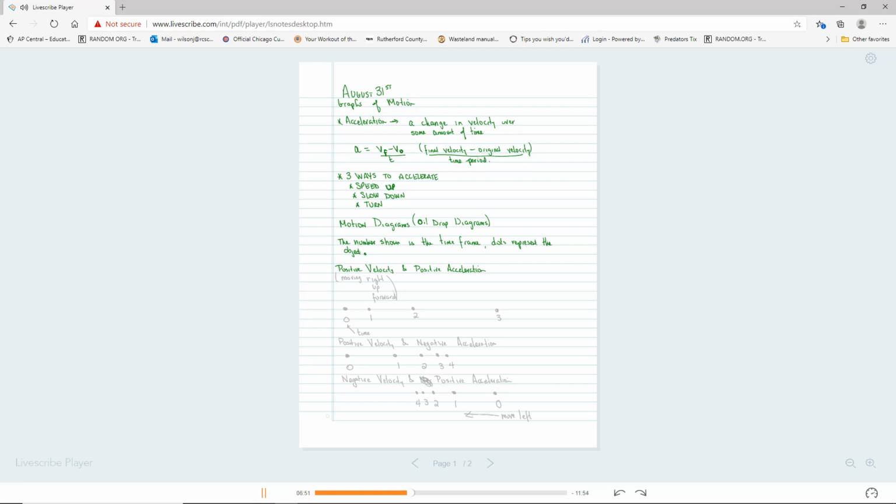Positive velocity means moving to the right, up, or forward. We consider right positive, up positive, and forward positive. We do that so we match up with math.